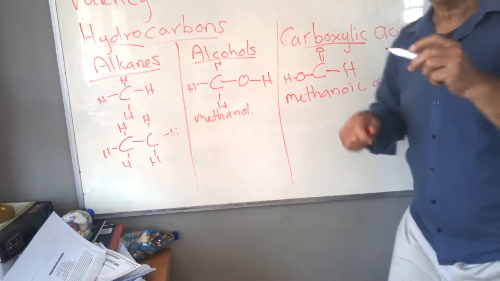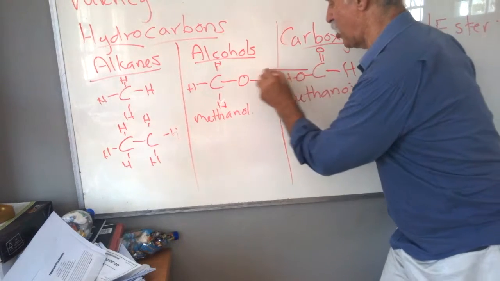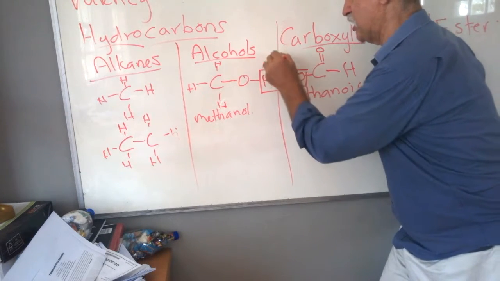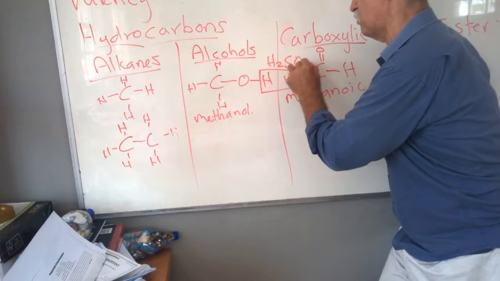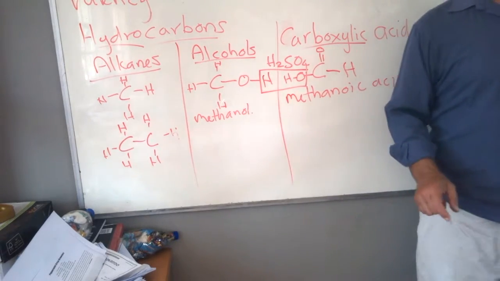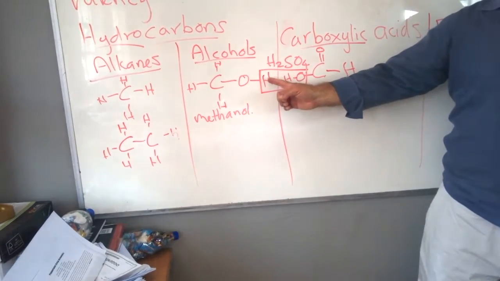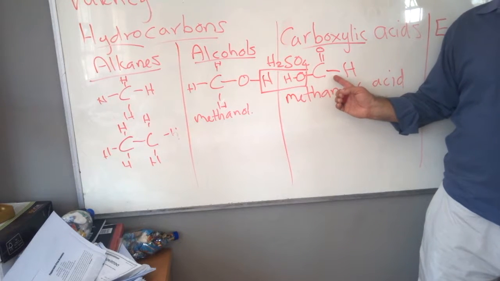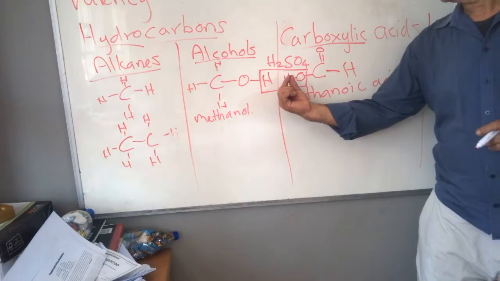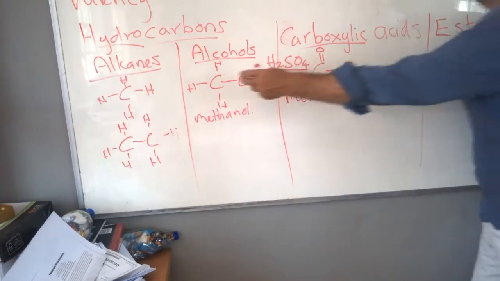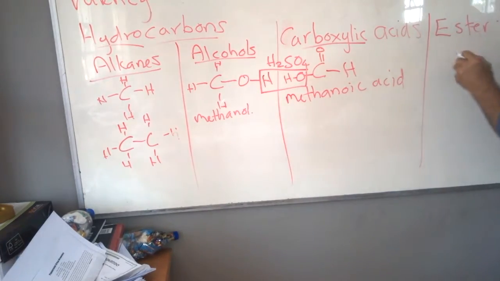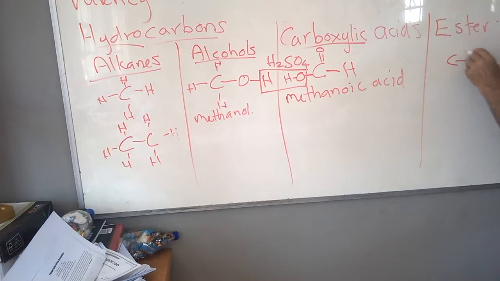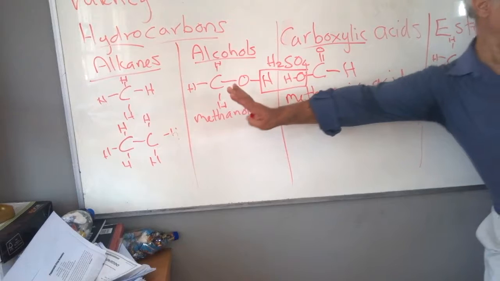So look what this sulfuric acid does. It takes OH and H in the presence of H2SO4. Just look at that. It takes an H from the alcohol, an OH from the carboxylic acid. It sucks the water out of them and it joins that to that, and we get carbon, oxygen, hydrogen, hydrogen, hydrogen. Watch what I'm doing.